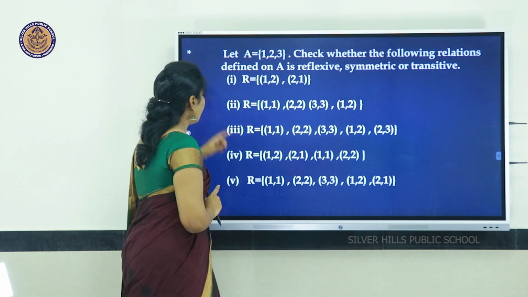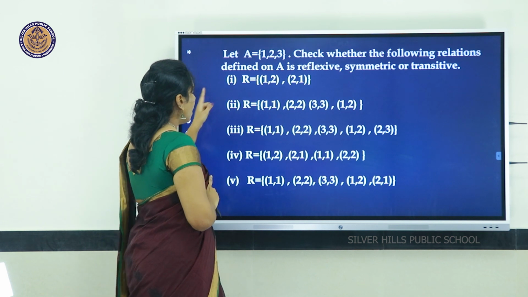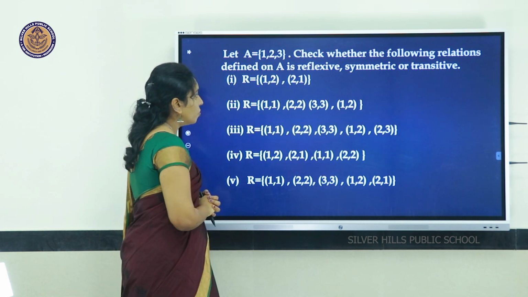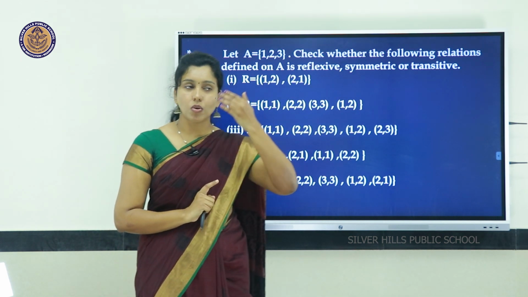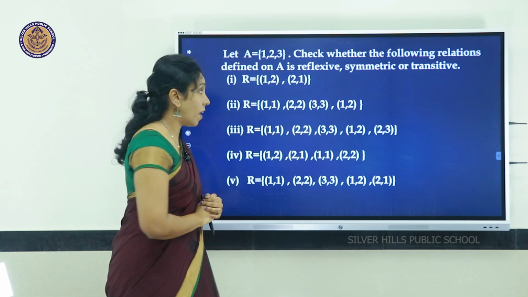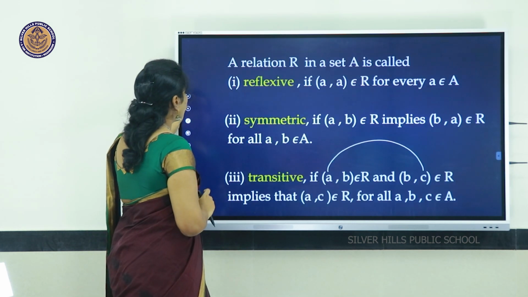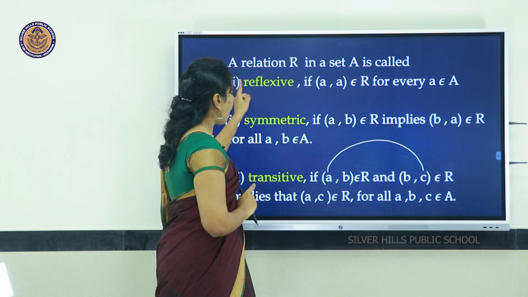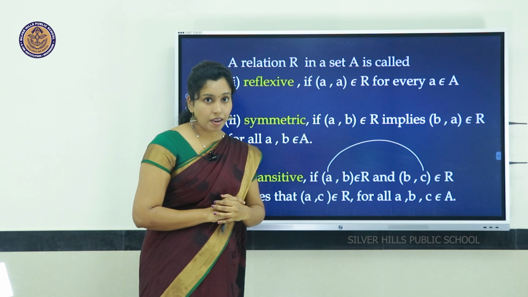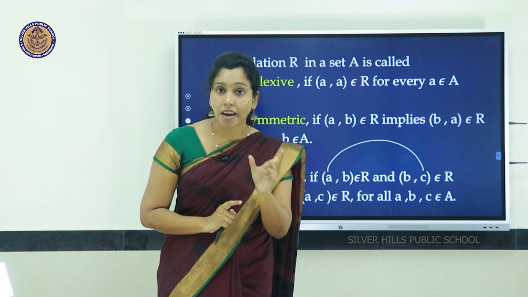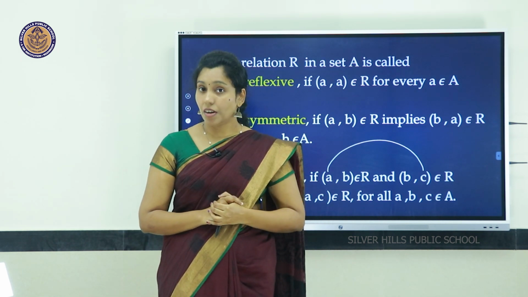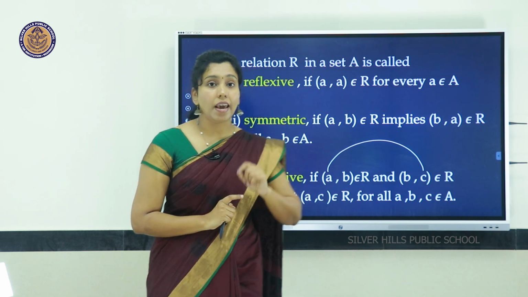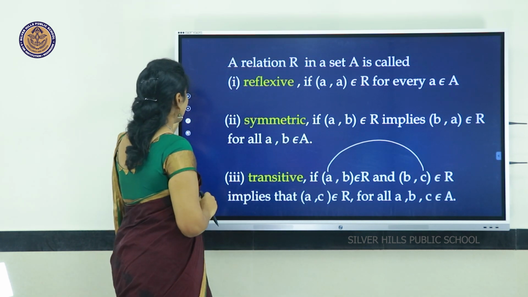So, just take the first one. R is equal to {(1, 2), (2, 1)}, 2 members are there. So, just go back to the definition of reflexive. What does the reflexive property say? The reflexive property says if you have a relation defined on A, then (a, a) will be present in the relation for all a element of the set.